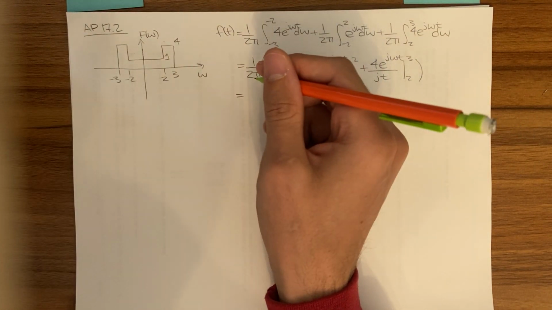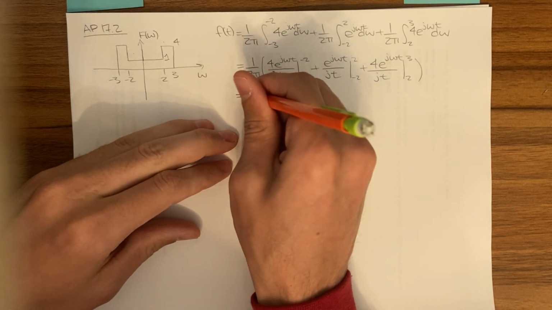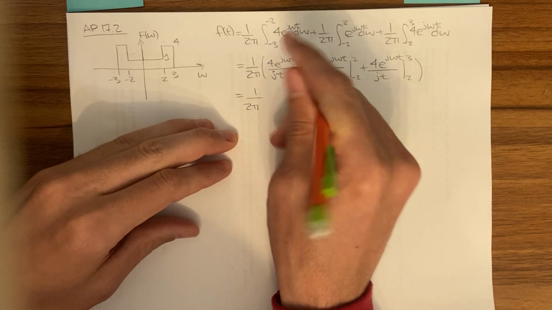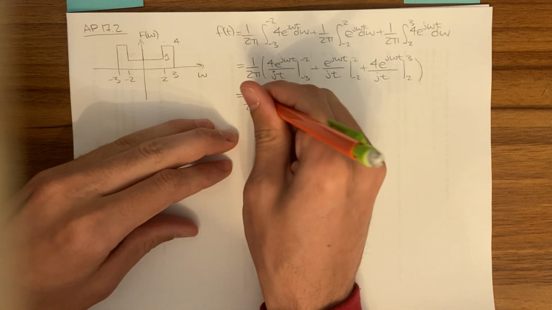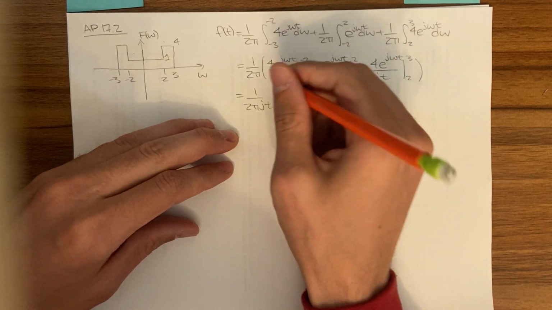Now, this is just a lot of math, guys, at this point. It's not too bad, but it can be tedious. I'm going to pull out these jt's. And I'm just going to evaluate each one of these pieces.